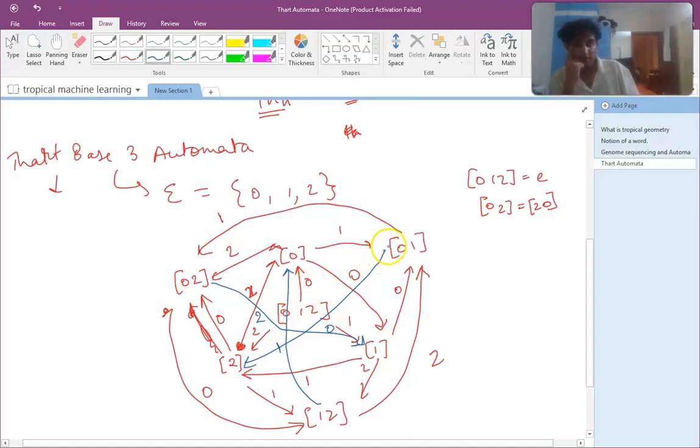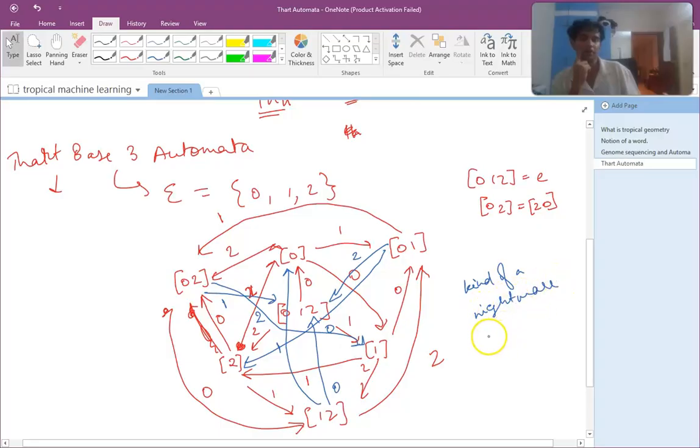And all of these also go to the identity element, here with 2, here with 0, and here with 1. So already you can see that it's kind of a nightmare. And yeah, if you draw it spaced out, then it looks a lot more appealing.